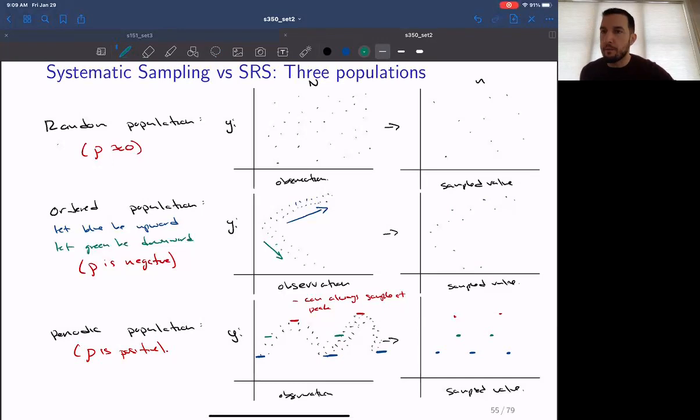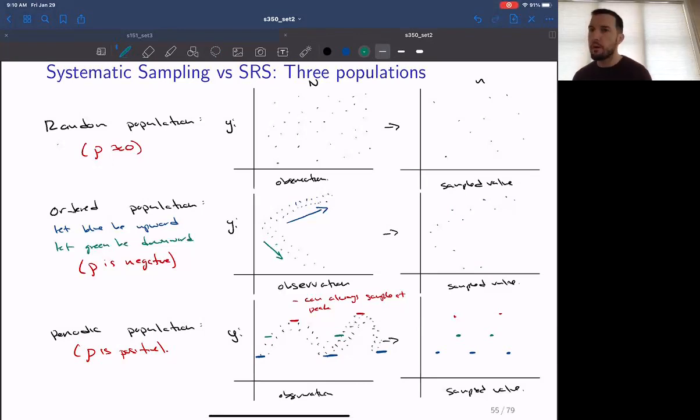So the periodic population is a population where, if we sample using a certain value of K, where K is the jump between the values we collect, we could end up with positive rhos because we're always hitting the same part of this periodic curve.